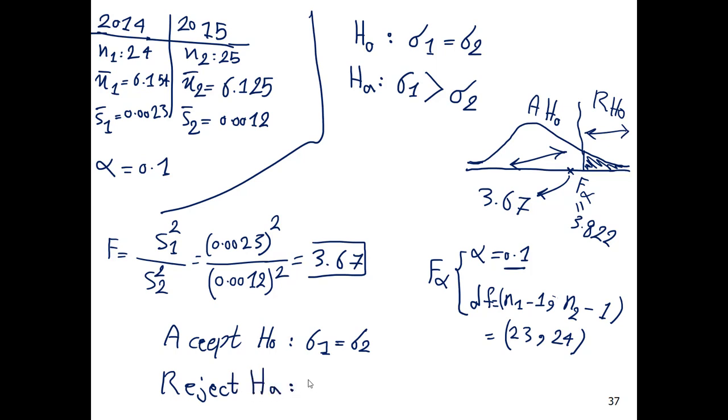You accept this, and you reject the alternative hypothesis. Rejecting the alternative hypothesis means no, we don't have enough evidence to say that the precision in 2014 is more than the precision in 2015. We cannot say that. We don't have enough evidence.